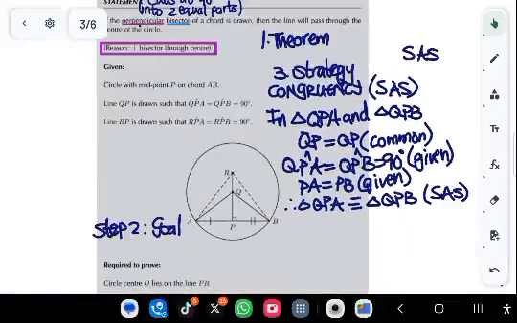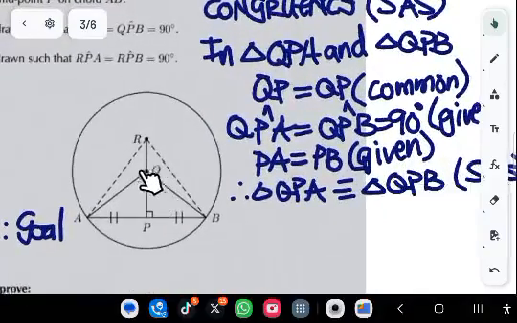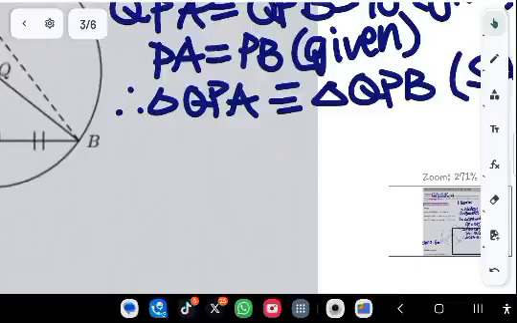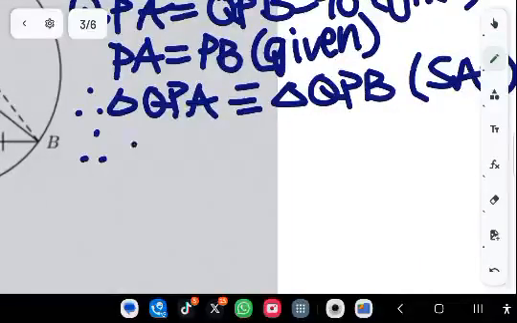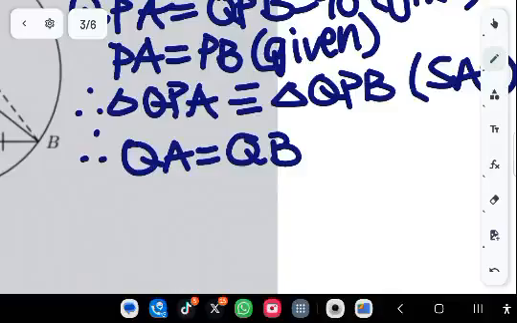Meaning that the hypotenuse QA is equal to QB. Therefore, QA equals QB, the hypotenuse.